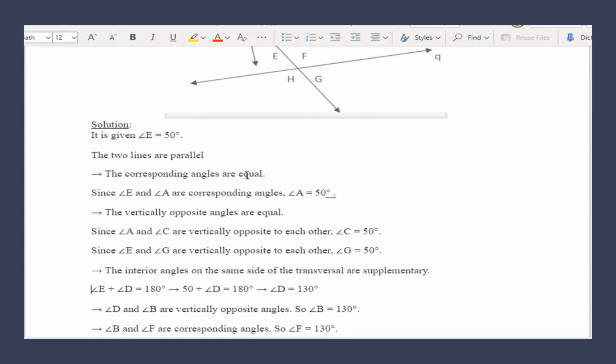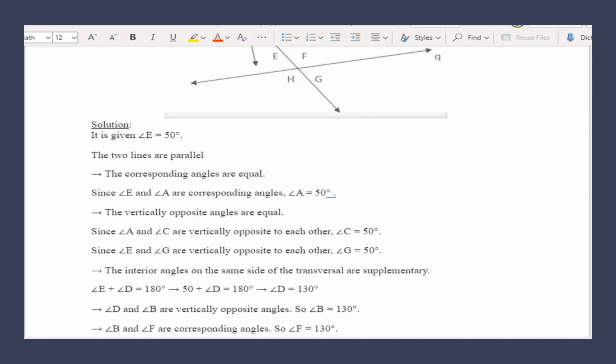So interior angles on the same side of the transversal are supplementary. So angle E plus angle D is 180, which means 50 plus angle D is 180. So D is going to be 180 minus the 50, which gives me 130. So they found angle D to be 130.